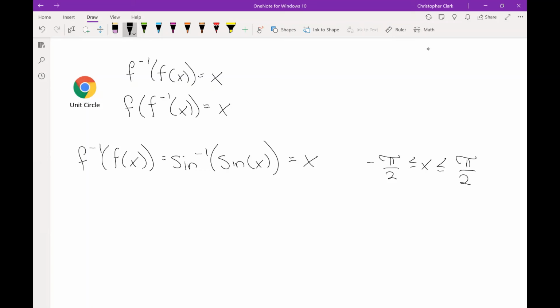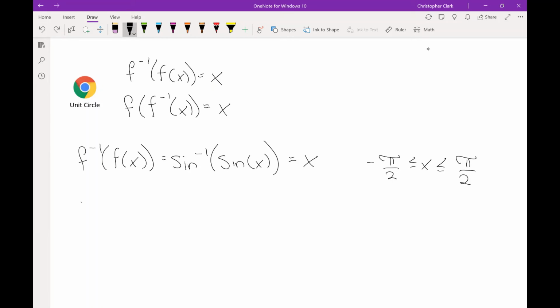The idea being that if x falls outside of these ranges, then sine x is going to fall outside of the range of where sine inverse makes sense, right? So we want to make sure that whatever we're plugging into the argument is going to work, and we're going to restrict x such that we don't have these problems.